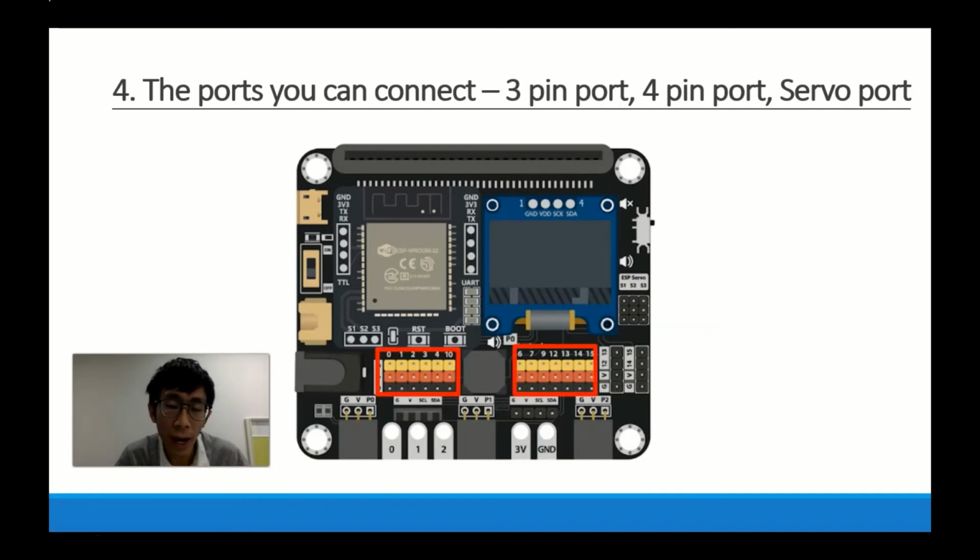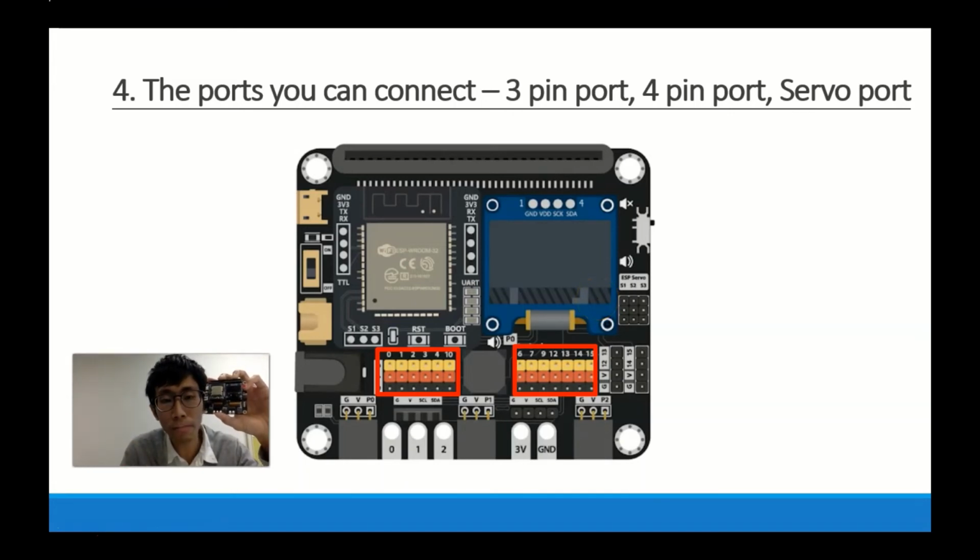So you can notice there are 3 colors: black, red, yellow, for you to insert the 3-pin modules, and then you can control them. There are different places: P0, 1, 2, 3, 4, 10, 6, 7, 9, 12, 13, 14, and 15.